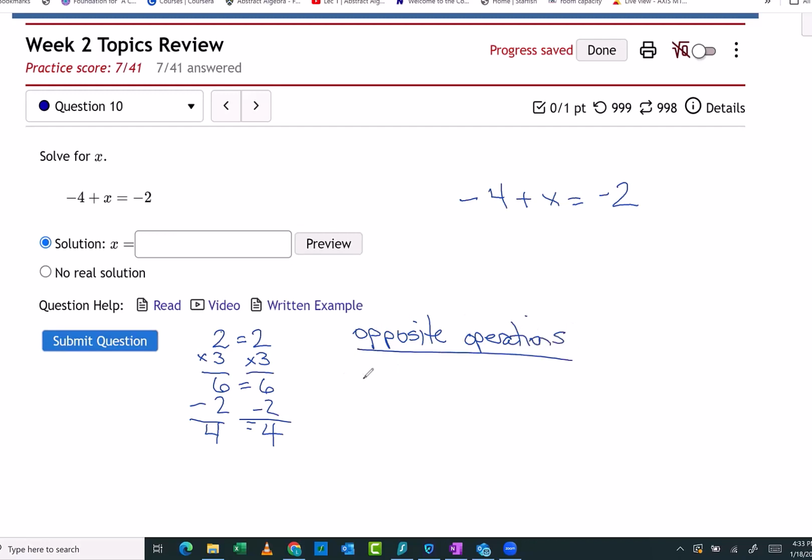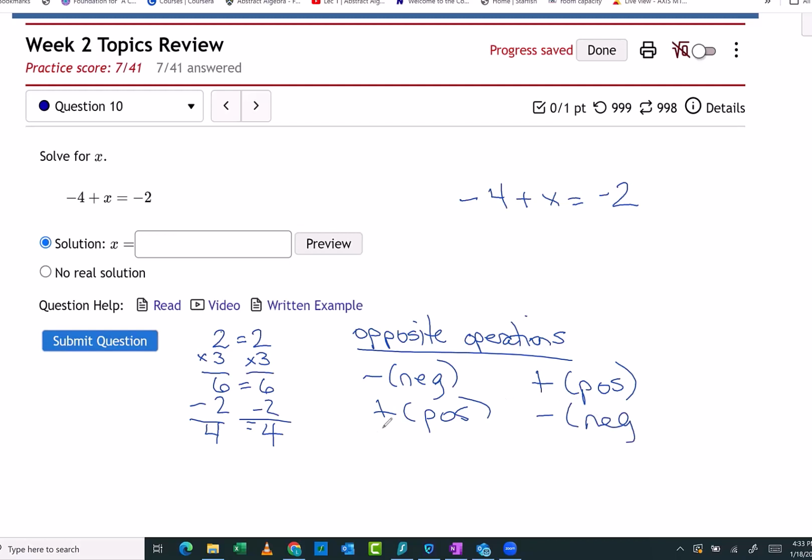If I have a negative, the opposite would be add. If I have a positive, the opposite would be subtract.